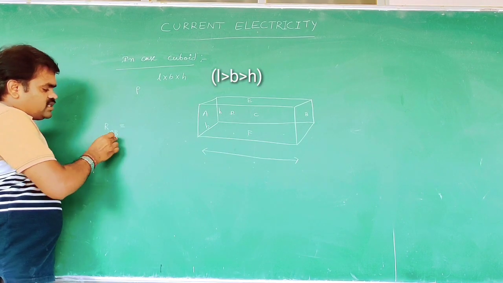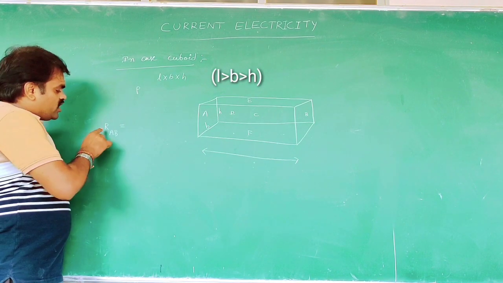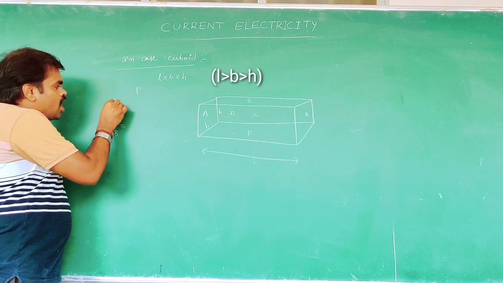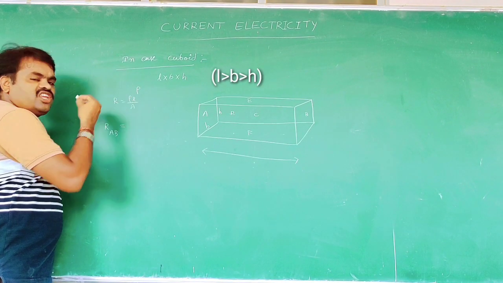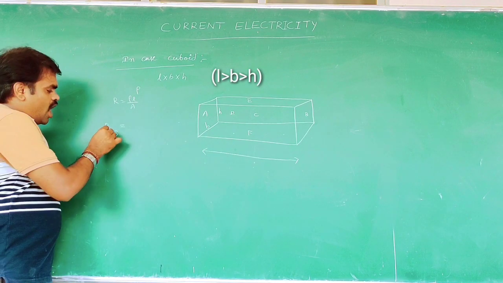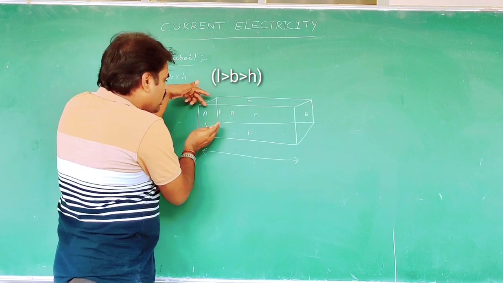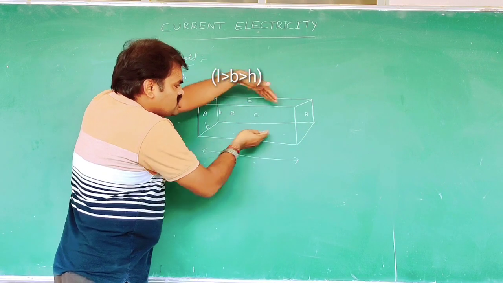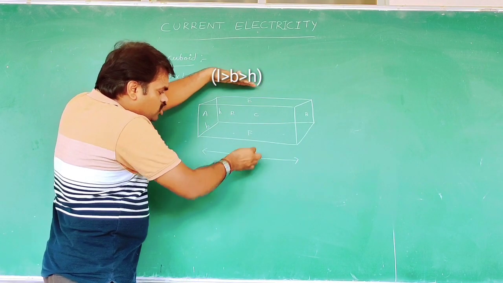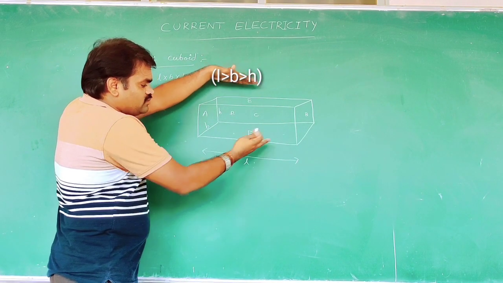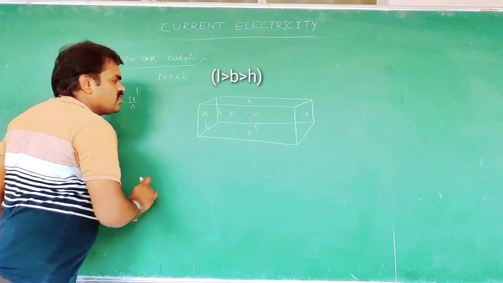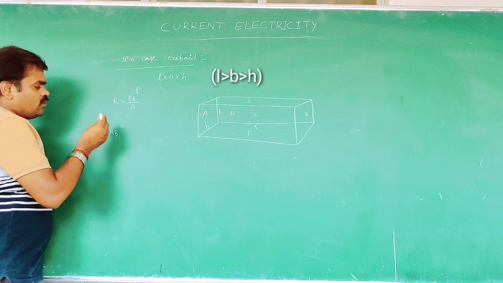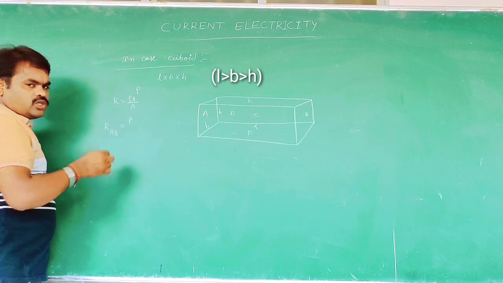For face AB, the resistance formula is R is equal to rho L by A, where A is the area of cross section. RAB, the face of AB, is the resistance along the length L. Here the resistivity is a constant.